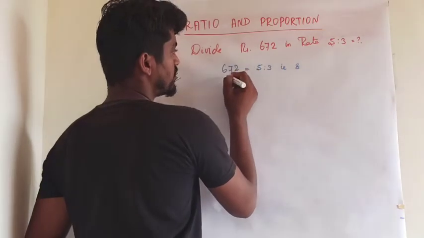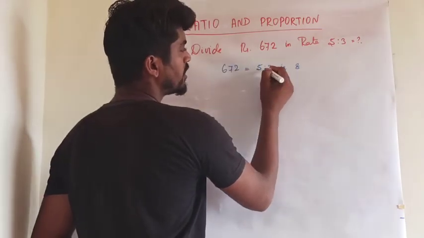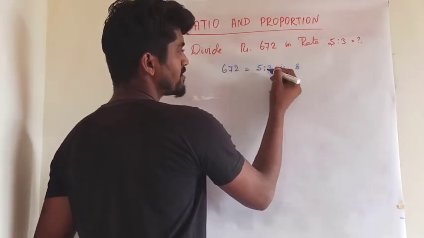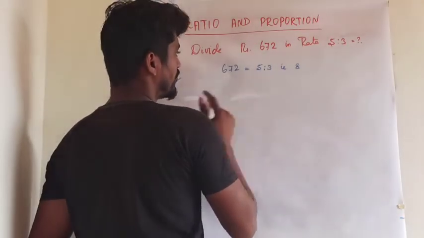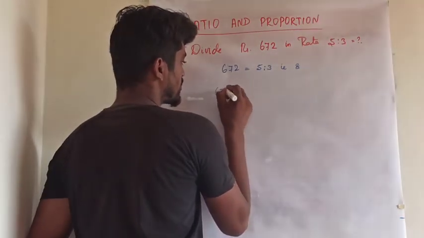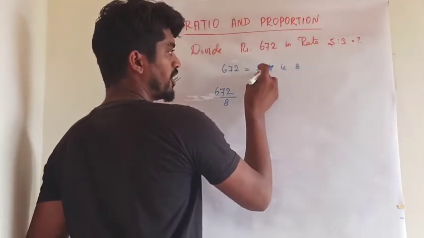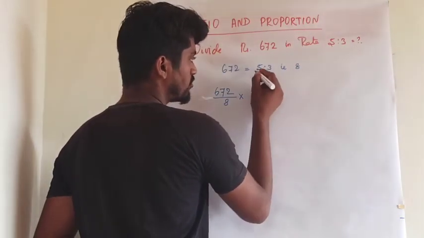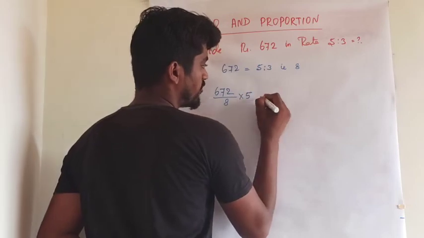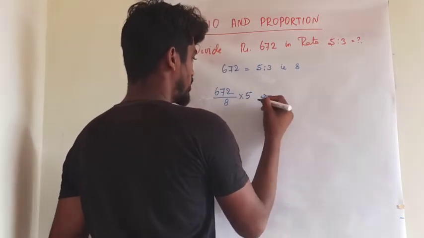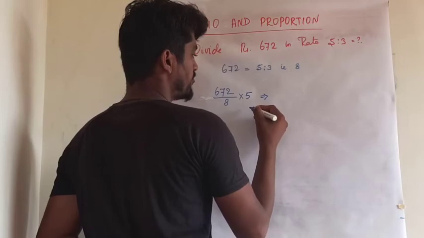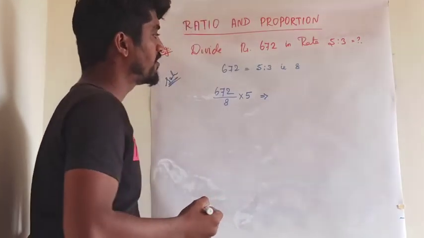So we have to divide 672 in the 5:3 ratio. So we find 672 divided by 8, that is for 1 unit. At the same time we have to find for 5 units, so we simplify this and we can get the value.